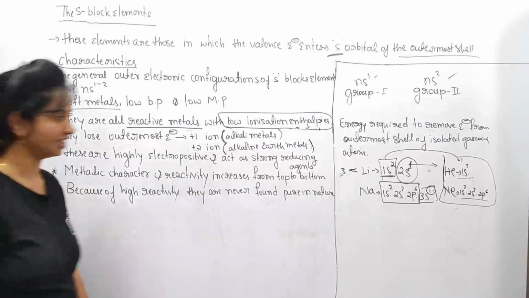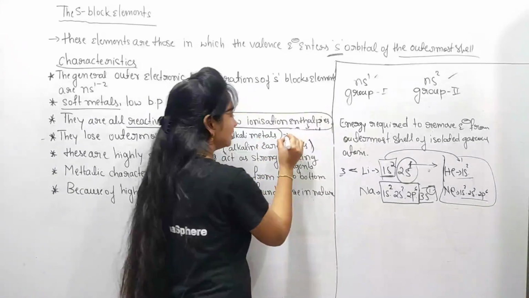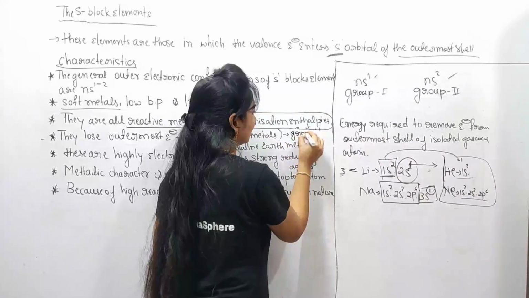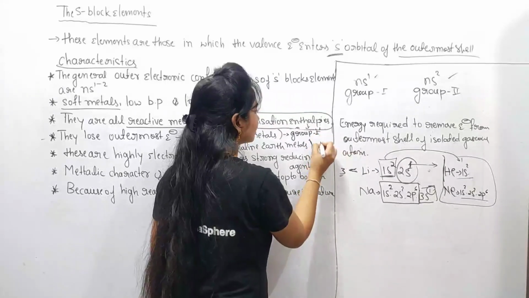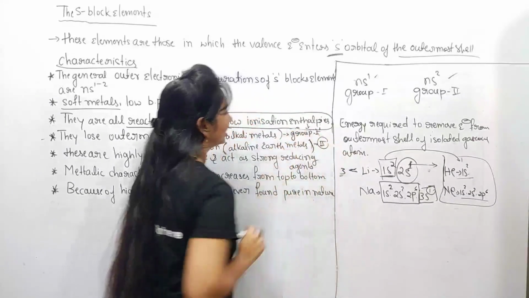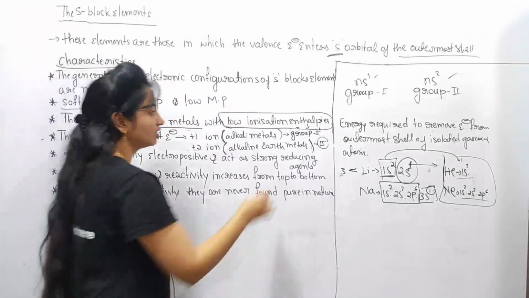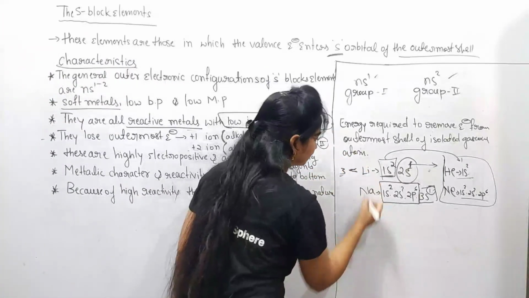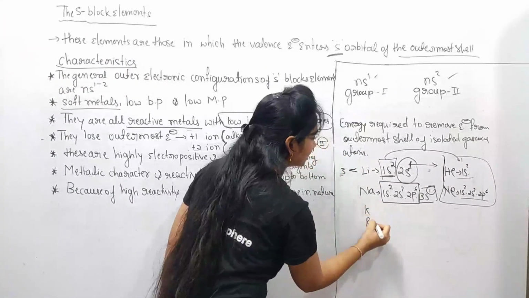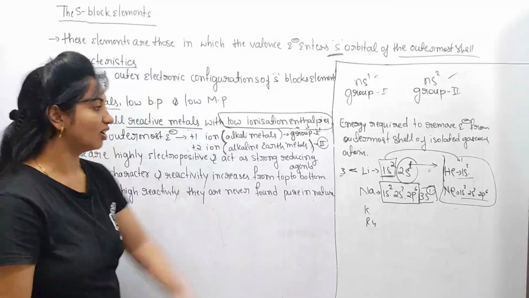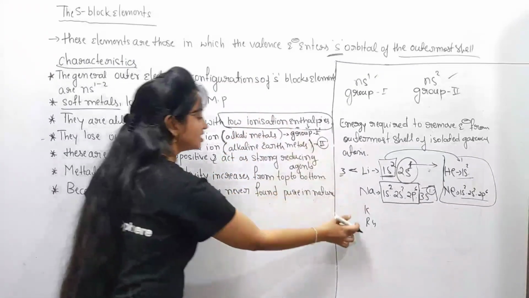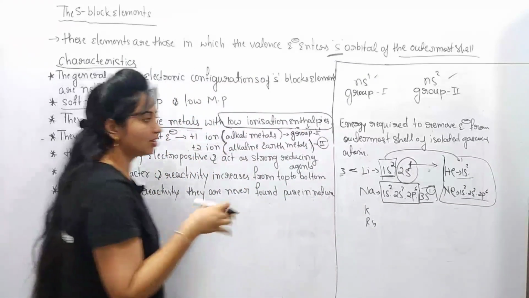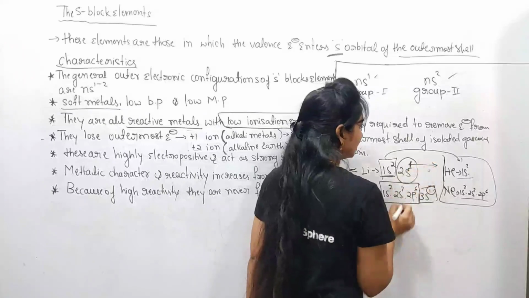And the next point is alkali metals. Group 1 elements are called alkali metals, and the second group elements are called alkaline earth metals. Lithium, sodium, potassium, rubidium are all placed in the first group. They lose only one electron. Why do they lose only one electron?